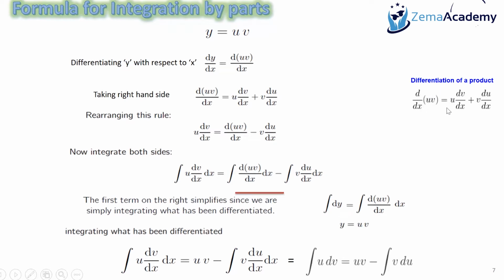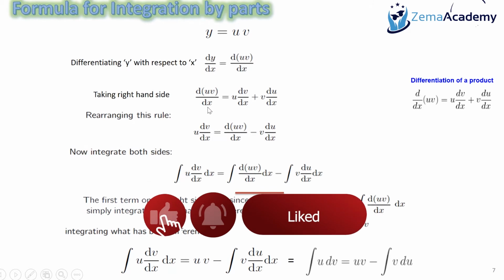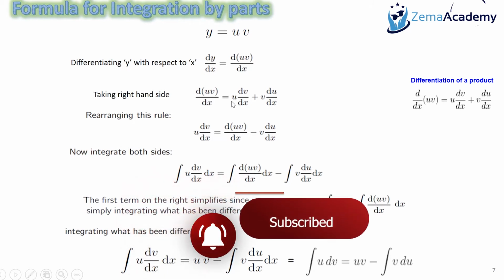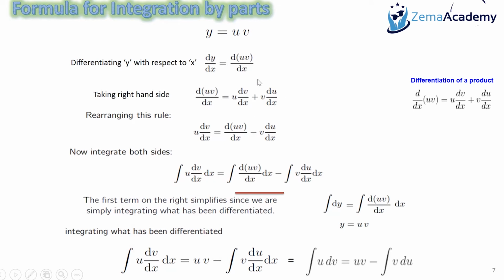If you remember, we used this formula and solved a few examples also, in which I said that if you are differentiating a product of two functions, then this is how you can differentiate: you take u multiplied by dv by dx plus v multiplied by du by dx. So all I have done is bring that differentiation of a product formula over here, because this is what it's representing.